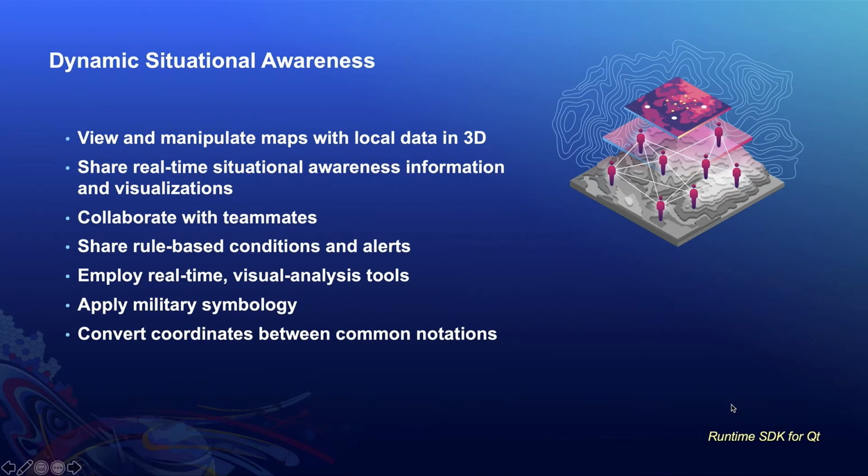They can also use the line of sight to determine visibility between a moving observer and one or more moving targets. The app dynamically displays military symbols based on the symbol ID code contained in received location updates. And lastly, the application supports converting location coordinates between various common coordinate notations.